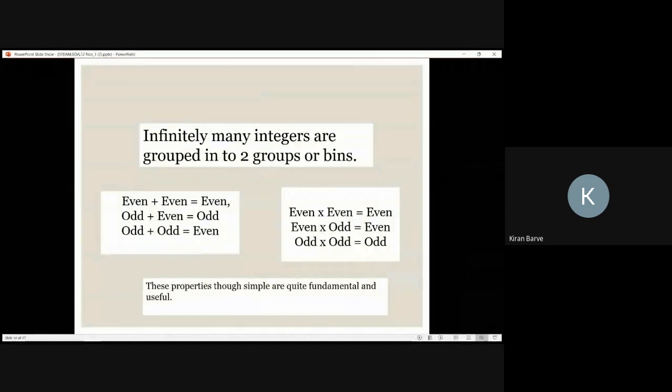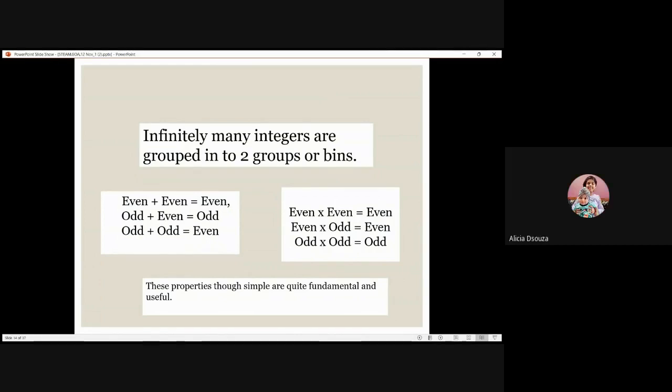There are 2 boxes. You choose anything from the even box, you choose anything from the odd box, their product will sit in the even box.